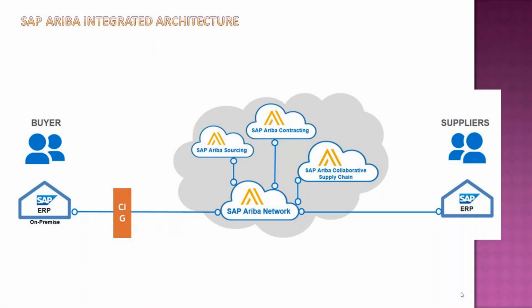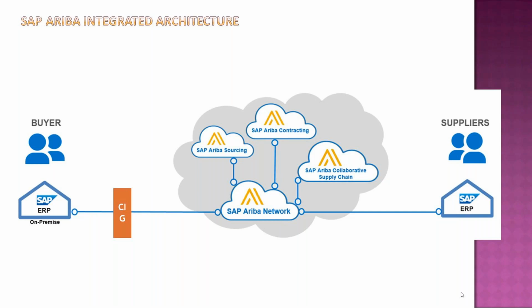I will show you those parts because sometimes you will be working in a project where the requirement will be that you should know the CIG configuration as well. If your team size is bigger, you will have a separate consultant for each module.